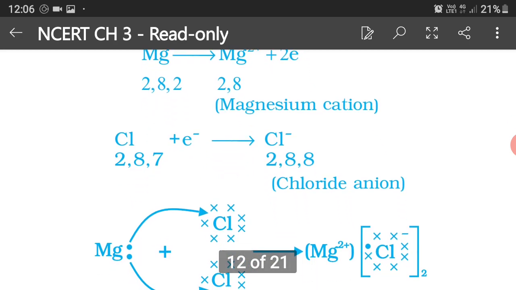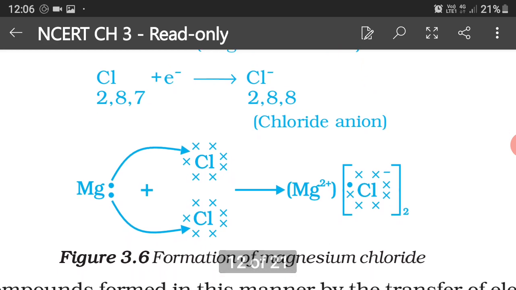Chlorine, each atom, only one atom will be shown here, right? So one atom needs 1 electron. By gaining 1 electron, it becomes a chloride ion and the configuration becomes 2,8,8.